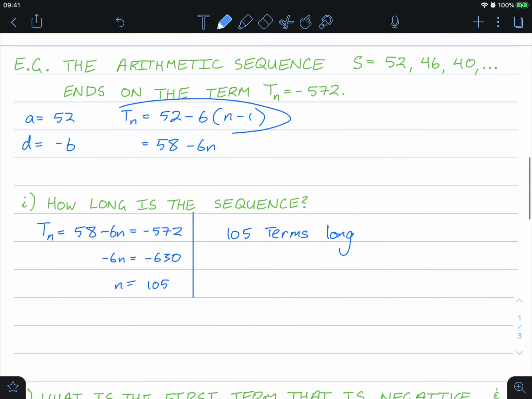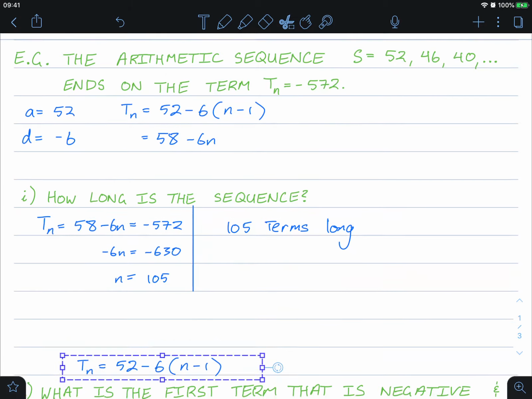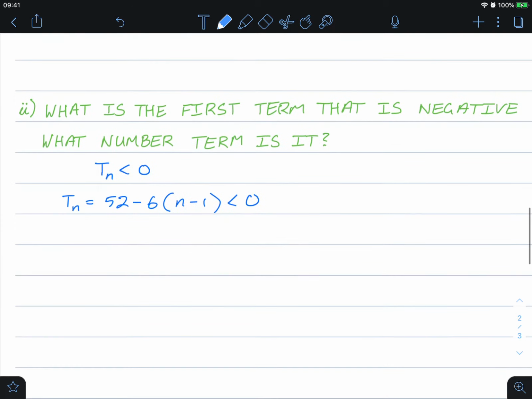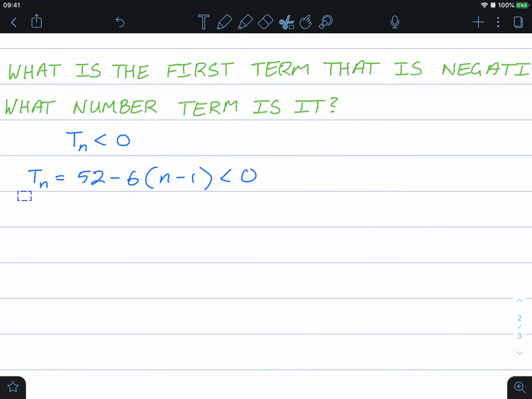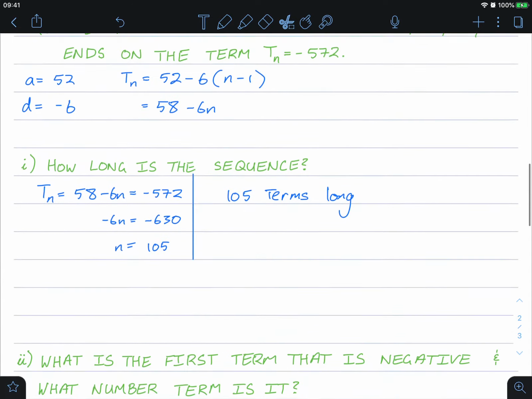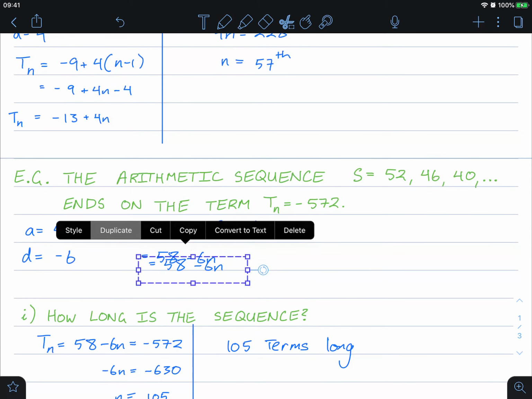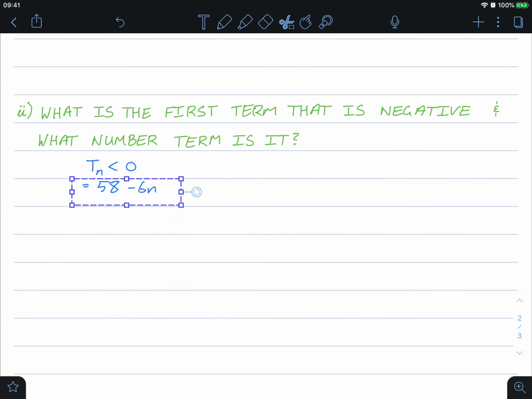So we're going to take our expression here. Let's copy this. Oops, sorry, wrong one to copy. Should have been this one. We're going to make this one less than 0.